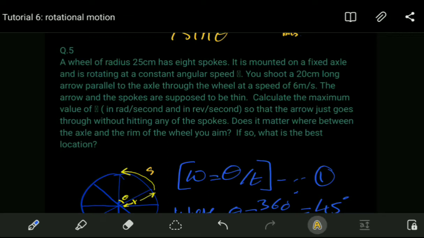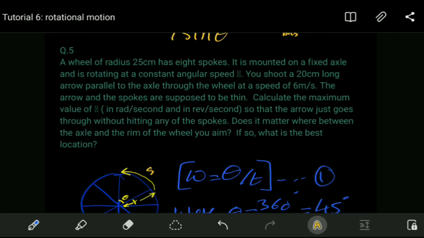So we have to find the angular speed at which this wheel is rotating so that this arrow can pass through without touching any spoke.